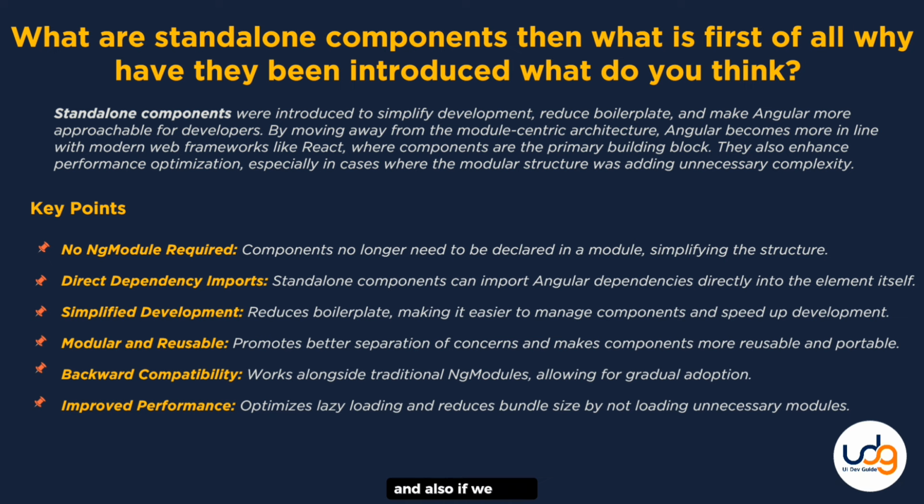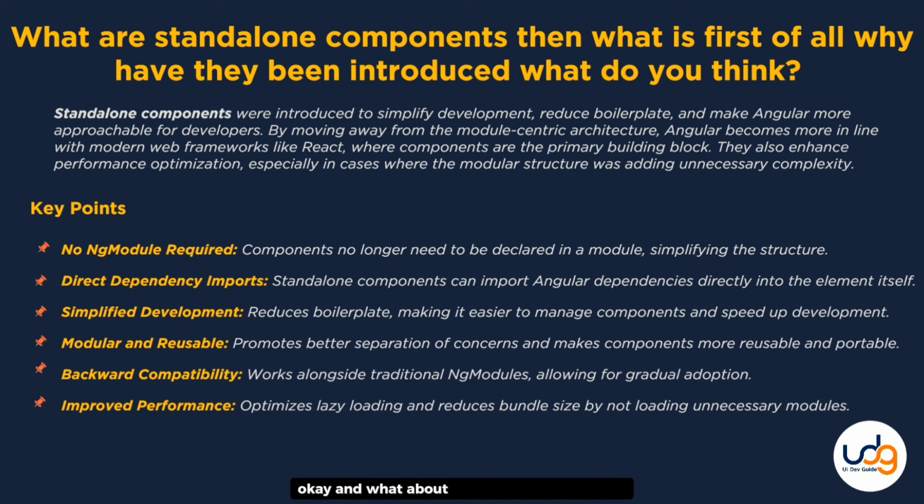Also, if there is a parent-child relationship, where a root module has other modules, and we have a standalone component, irrespective of the relationship of the modules or components, we can directly import it and use it in any component, any NgModule component, or in another standalone component by importing it.